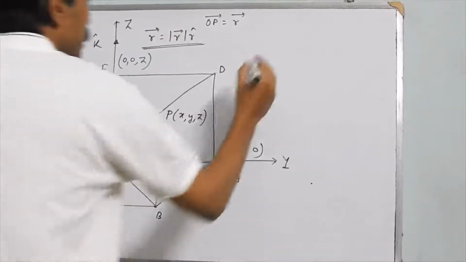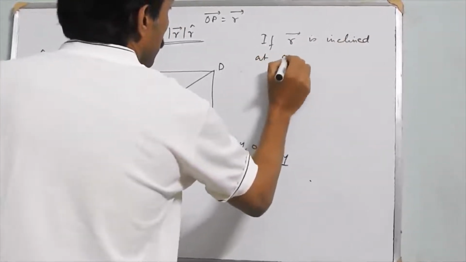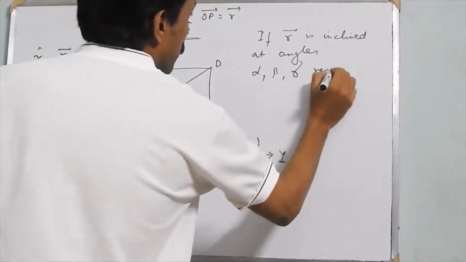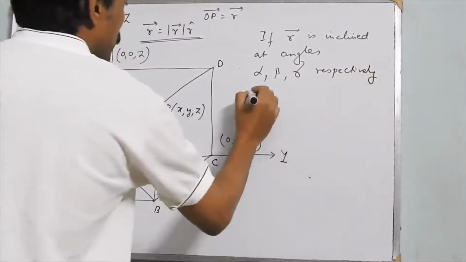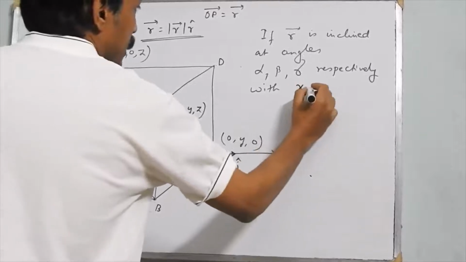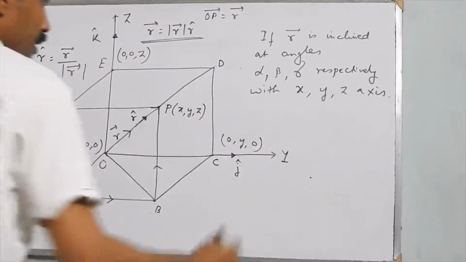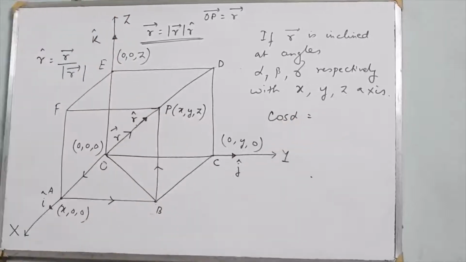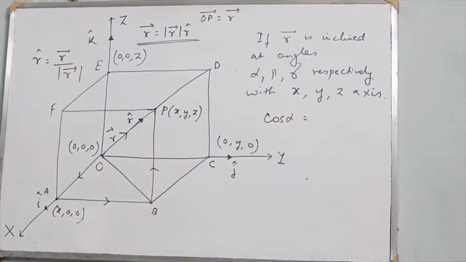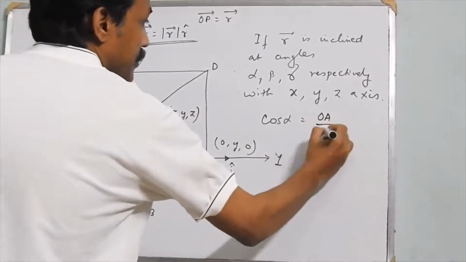So if r vector is inclined at angles alpha, beta, gamma respectively with x-axis, y-axis and z-axis, then we can say cos alpha is equal to x by r, or as per this diagram you can say cos alpha is OA divided by OP, which is x by r.